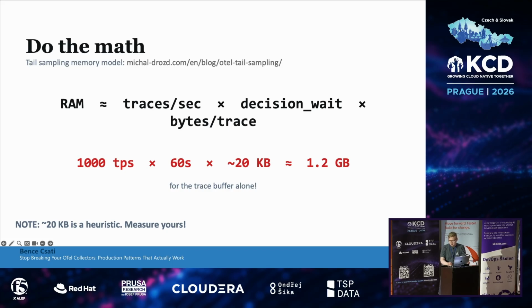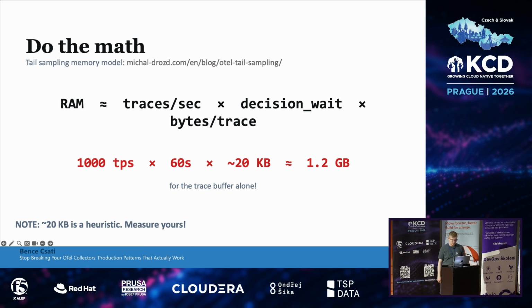So in my silly example, if you have 1,000 traces per second and you have 60 seconds of decision wait time, and you have a heuristic that you can calculate based on that blog that I encourage you to read, in my example, that's 20 kilobytes. If you count that, that's 1.2 gigabytes constantly in your buffer alone. And basically the whole formula is not going to save you.